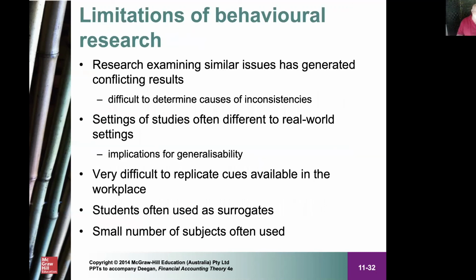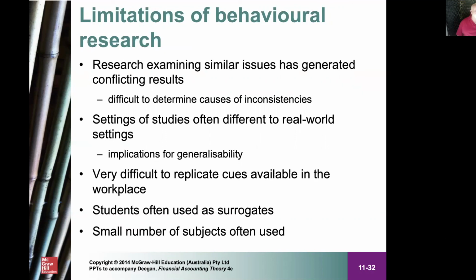So what are the limitations of behavioral research? Research examining similar issues has generated conflicting results, and it's been difficult to understand what has caused those inconsistencies. Settings of studies are often different to real-world settings.